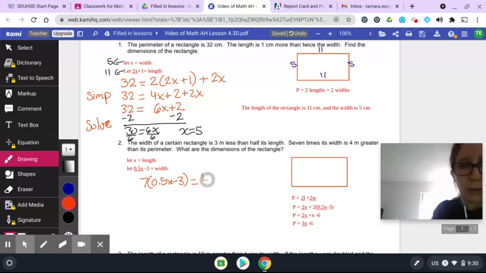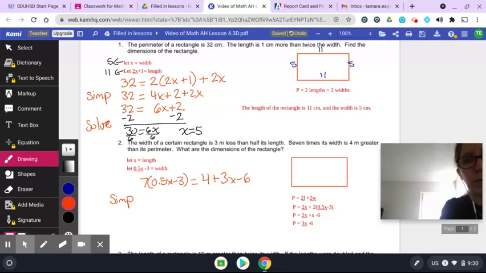That's 4 plus its perimeter. Now I'm putting my cleaned up perimeter expression. Can you imagine if I put that perimeter expression in there? Oh, that'd be so ugly. Okay, this is still not pretty. We gotta simplify. Always simplify before you solve.